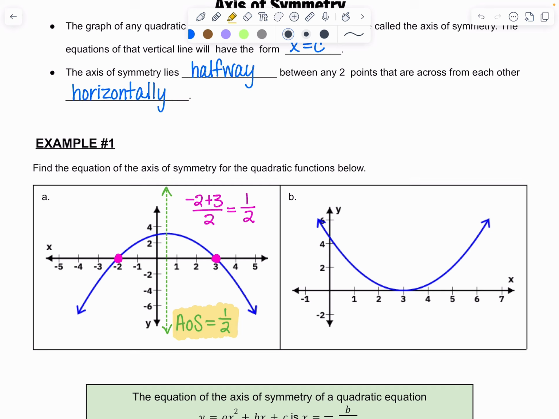All right, for B, if I want to find the axis of symmetry here, I'm going to mark the x-intercept. As you can see here, we only have one. So technically, the axis of symmetry and that x-intercept will be the same.